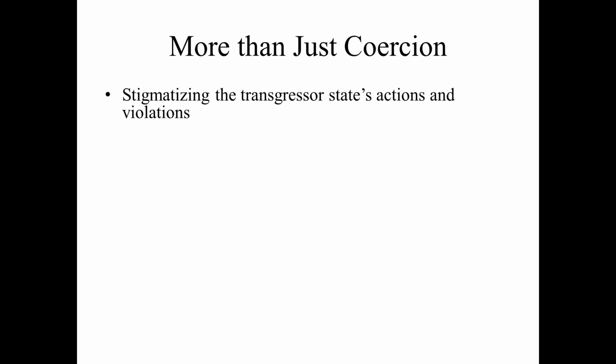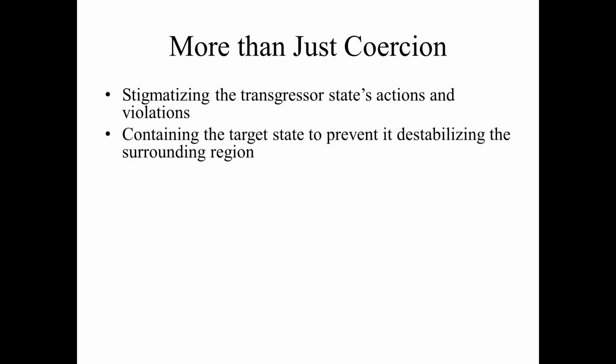You did something wrong. We, at the absolute least, are not happy with what you've done, and we are going to point you out to the rest of the world, right? If nothing else, your name will come up in the press, and you'll be seen as a non-cooperative member of the international community. So stigmatizing the transgressor state's actions and violations can lead to a number of repercussions within the economic, the diplomatic, and even the political sphere.